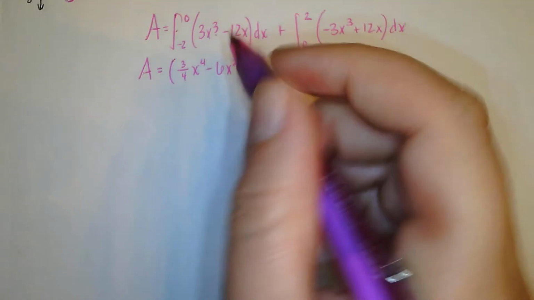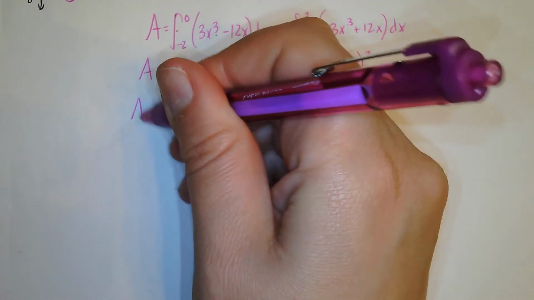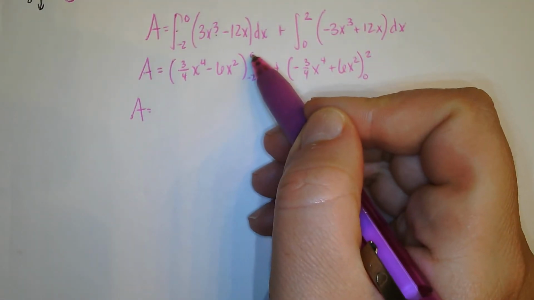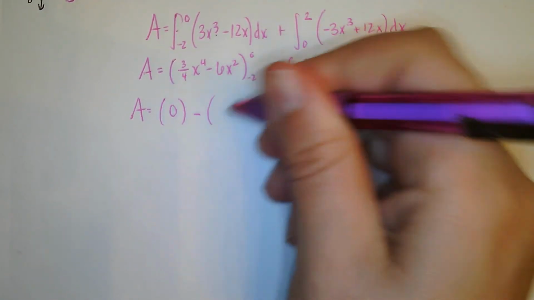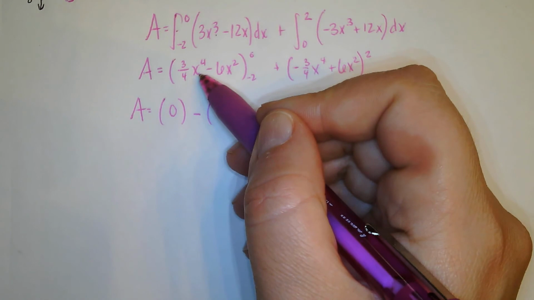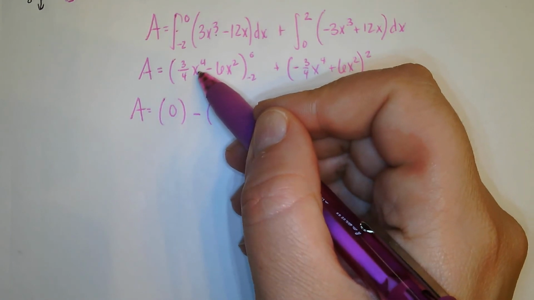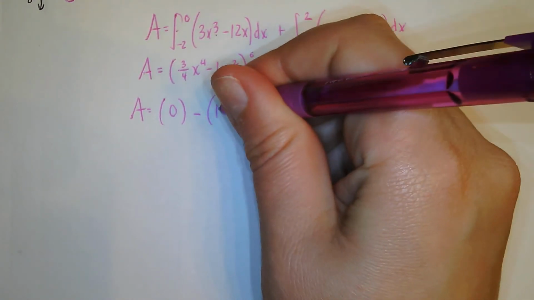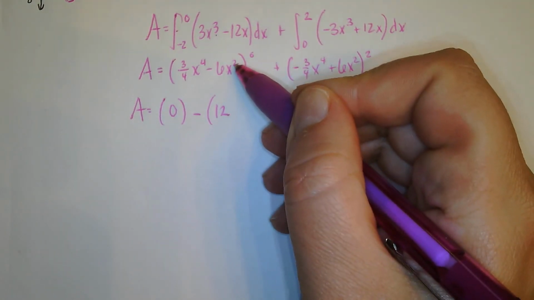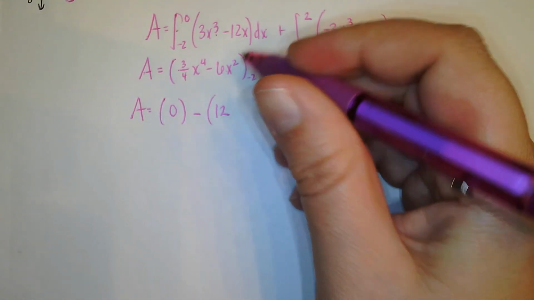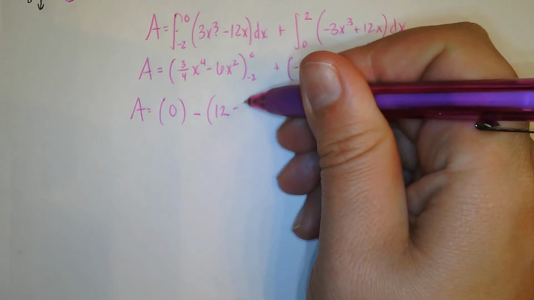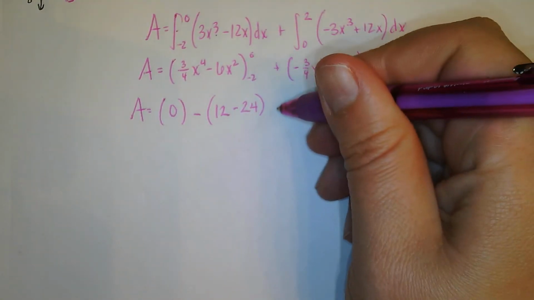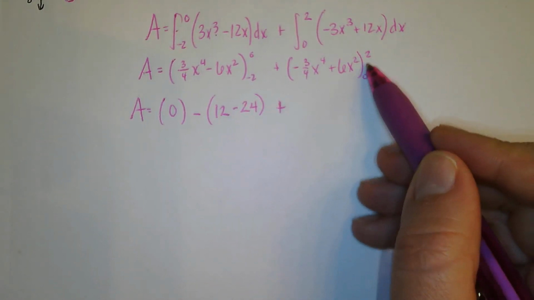Plug in our values. I'm going to plug in 0 first, and that's going to be 0, minus, I'm going to plug in -2. -2 to the 4th is 16 positive. 16 times 3/4 is 12. -2 squared is +4 times -6 is going to be -24.